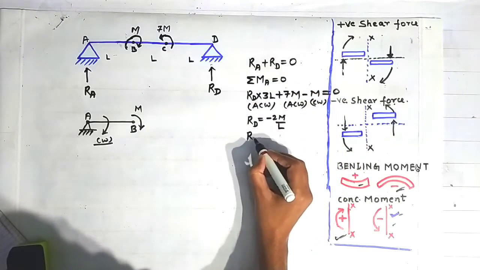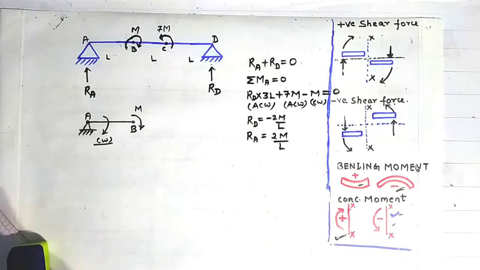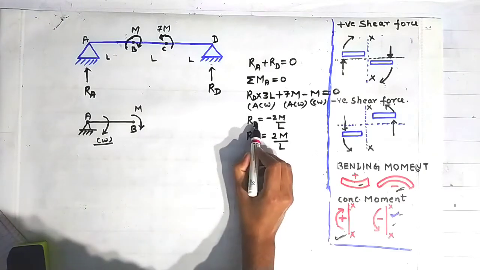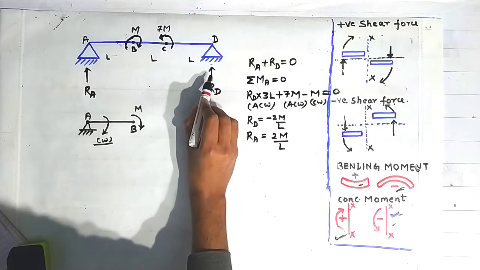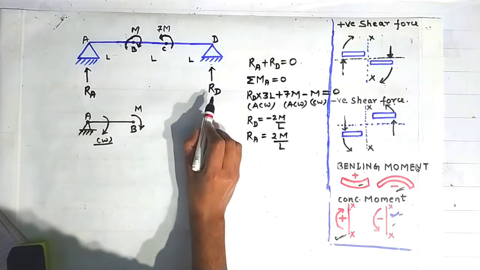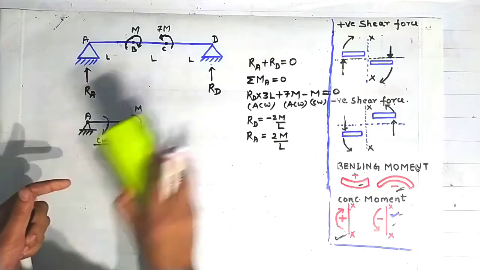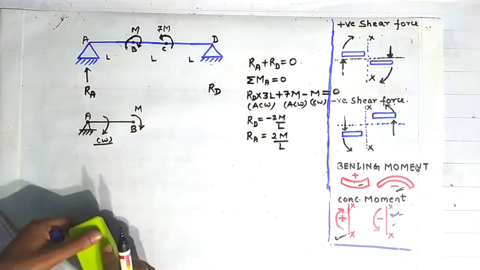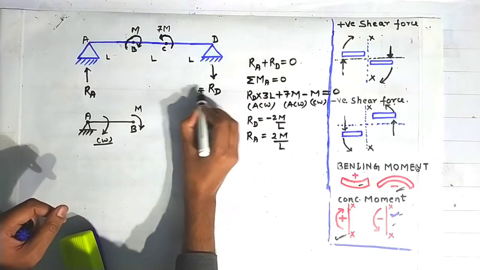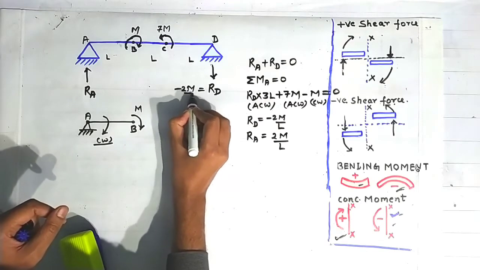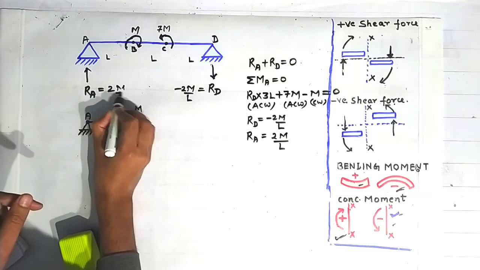So we can obtain RA as how much? 2m by L. Now friends, the value of RD is coming out to be negative, so the direction of RD is opposite to that was assumed by us previously. So we will draw RD in vertically downward direction. So the magnitude of RD is how much? Minus 2m by L, and the magnitude of RA is 2m by L.